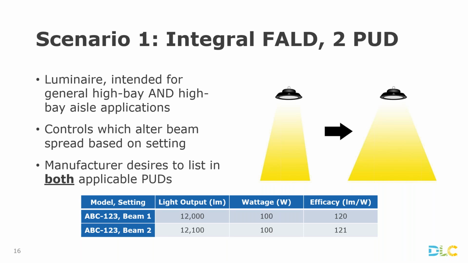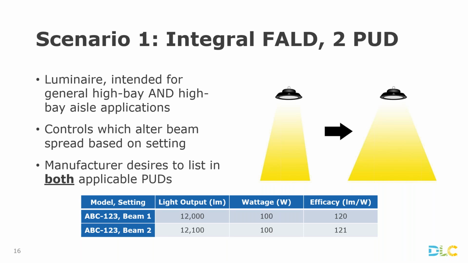That adjustment is done via some remote controller, which perhaps adjusts drive current to particular LEDs in the luminaire, which are each associated with particular optics, and ultimately results in a product which can achieve 2 different beam spreads. Let's imagine that this luminaire is intended to serve 2 distinct end uses in the field, one for general high bay applications and another specifically for high bay aisle applications.